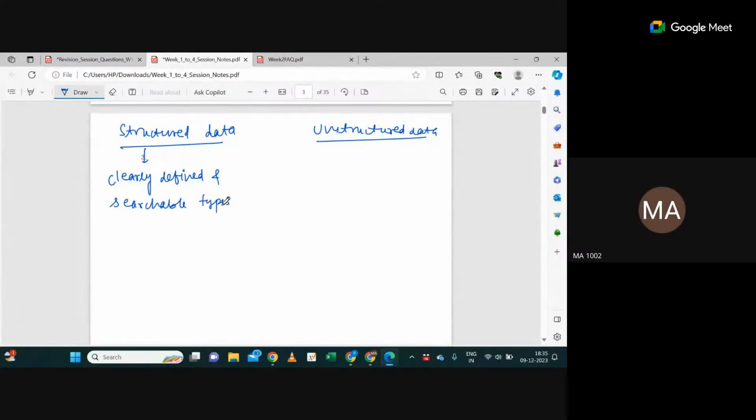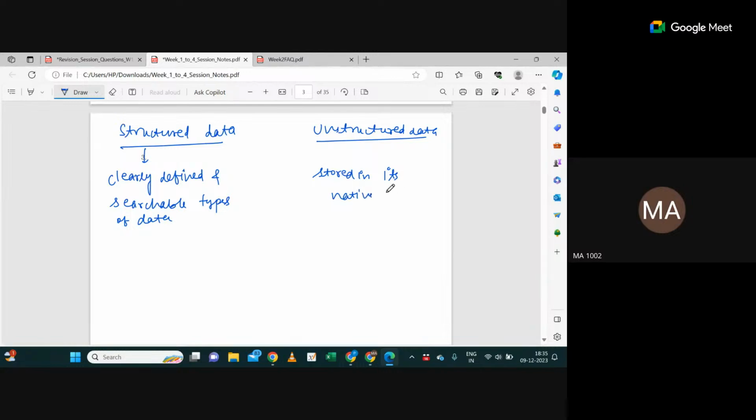What do I mean by searchable? It means I can analyze or search any information clearly, in an easy way. While unstructured data is stored in its native format.